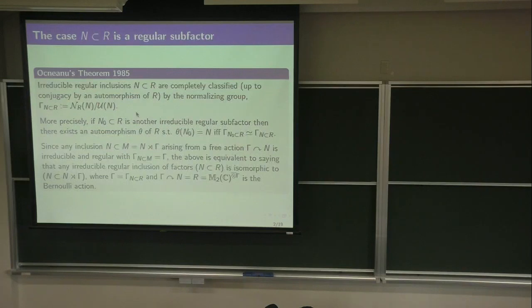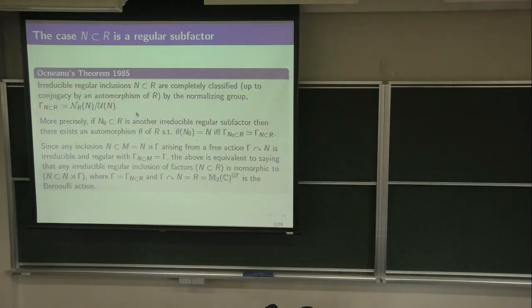So this group that I said before, the normalizing group, is of course a complete invariant. In other words, if N0 is another such subfactor, then the two are conjugated by an automorphism of the ambient factor R if and only if the corresponding normalizing groups are isomorphic.